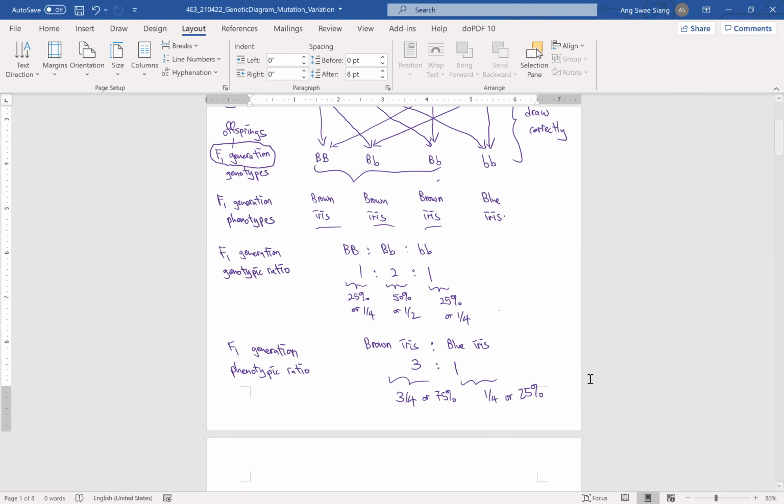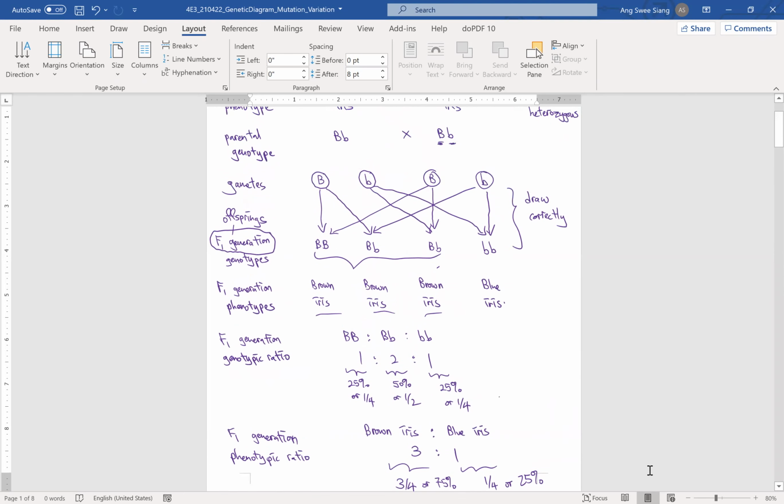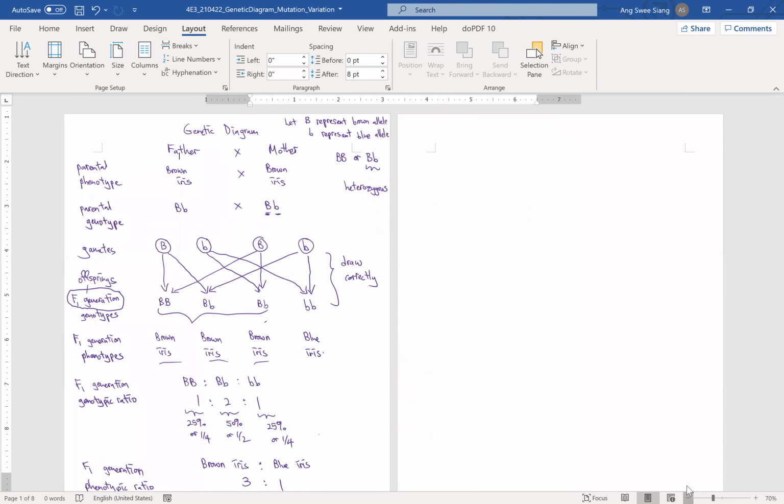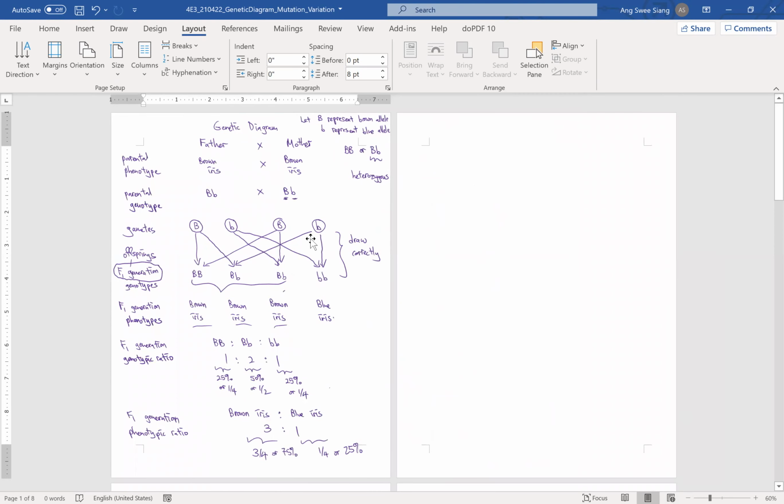So this is the format of the genetic diagram. It's very important. Genetic diagrams are quite popular. In O level, it can come out in the structured questions. If it comes out in the structured question, usually you don't need to draw the whole thing, as there will be some guiding words.